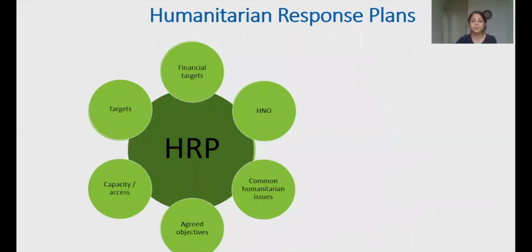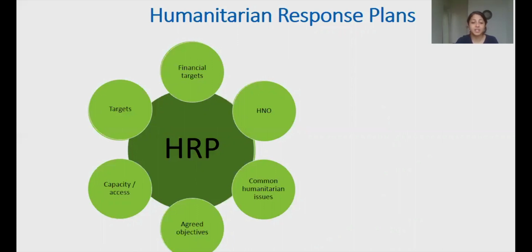Now, humanitarian response plans are interagency, intersectoral plans. As you can see in the diagram, they're based on the humanitarian needs overview. They're built around a common set of humanitarian issues. They put forward agreed objectives for the humanitarian community.